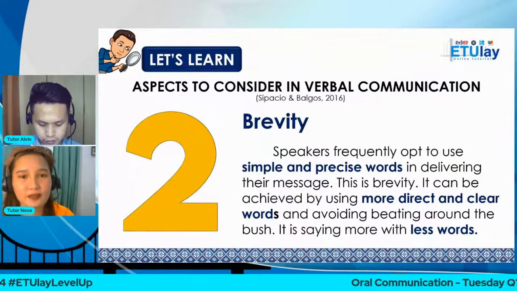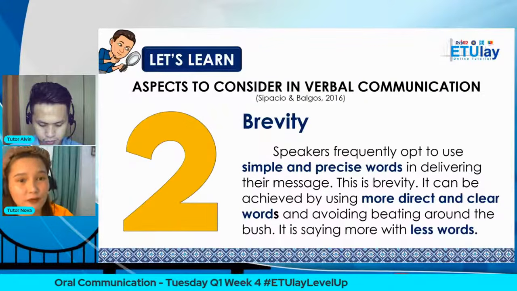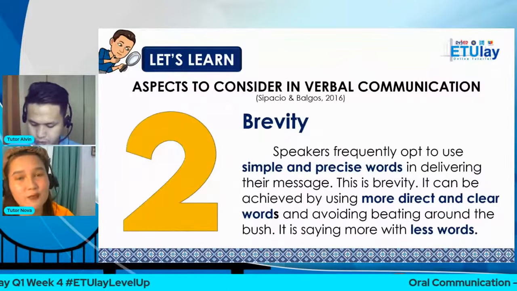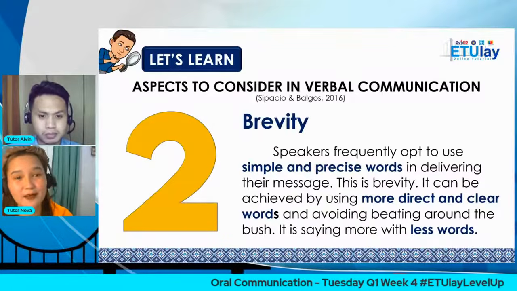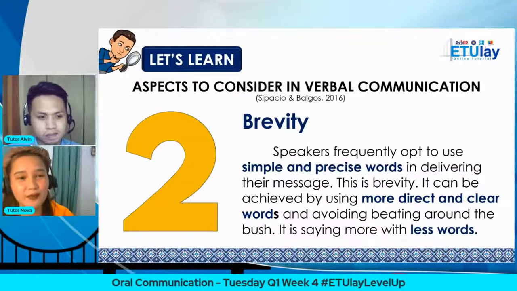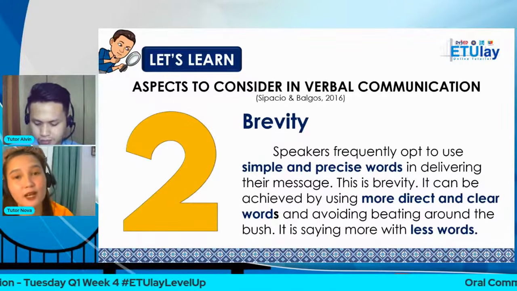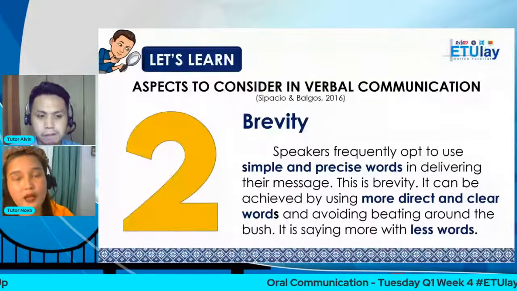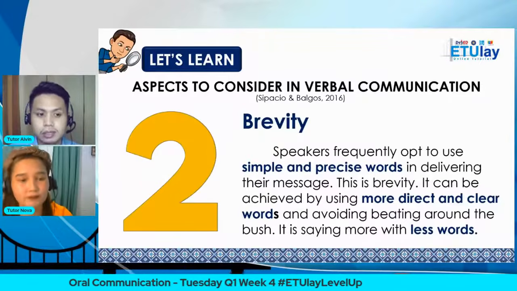So, somehow, Sir Alvin, maybe some of our students right here might have attended some speeches before, and might have encountered a certain speaker who is not direct when it comes to expressing his or her point. So that's the thing about not knowing the aspects to consider when it comes to verbal communication. You need to be direct and clear about what you really want to express or include in your speech. Yeah, that's right.